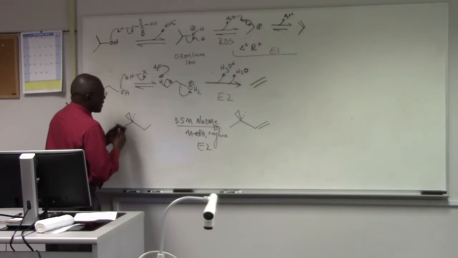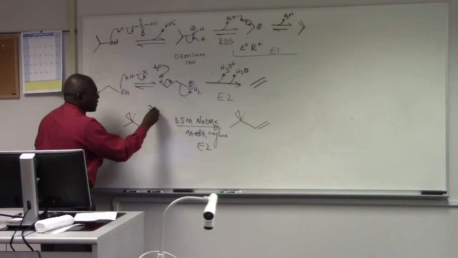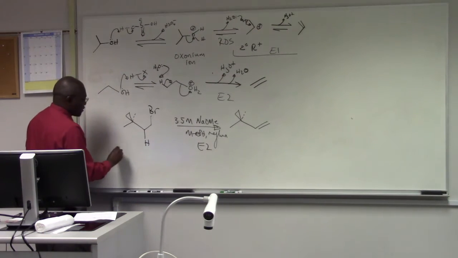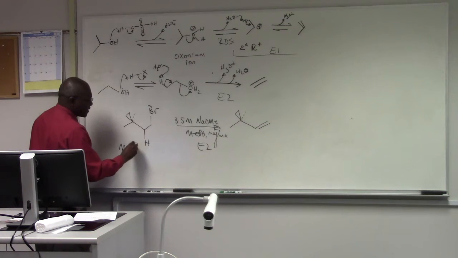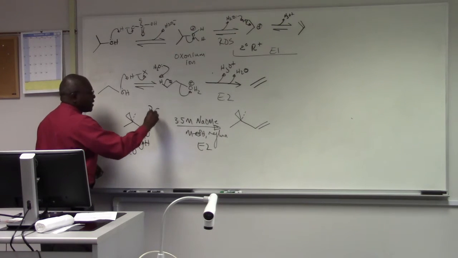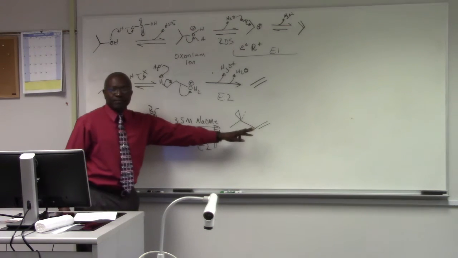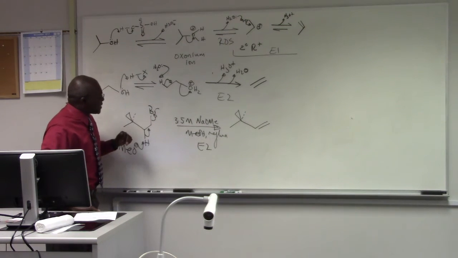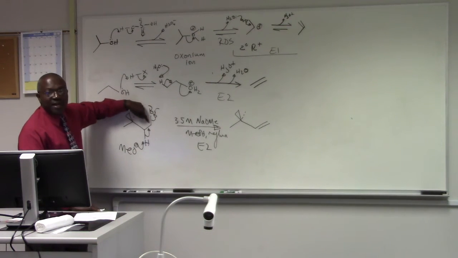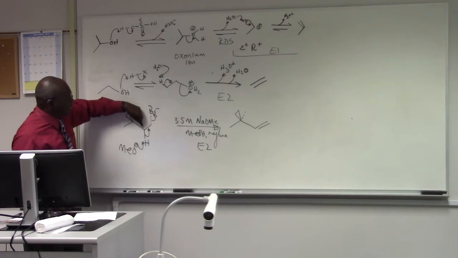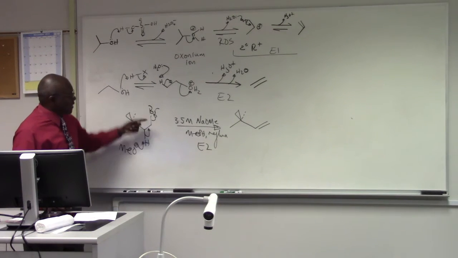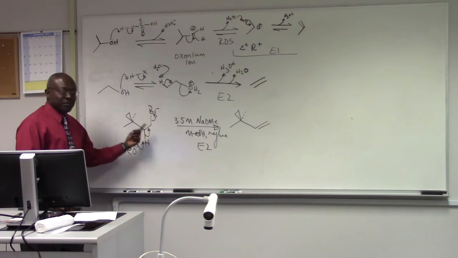So the bromine ends up here. So I'm going to lose the H from this position. So this is the methoxide acting as the base, carrying out the E2 reaction and generating a product. But my point is, if I know where the halogen is, I need look no further than the adjacent carbon to see if I can get the E2 reaction, right?